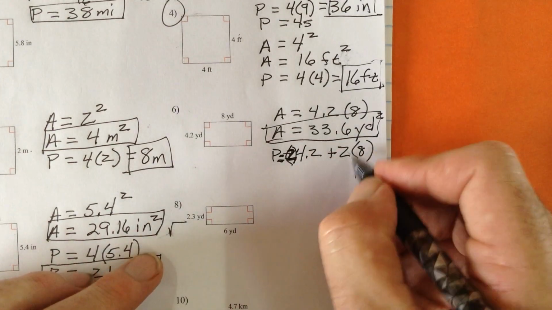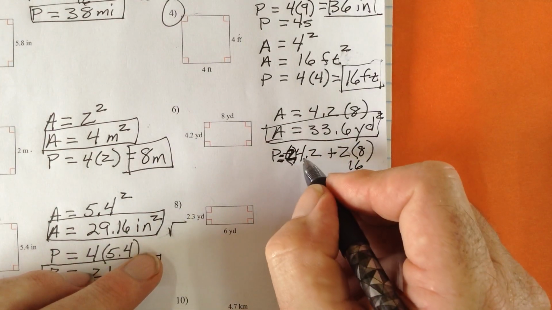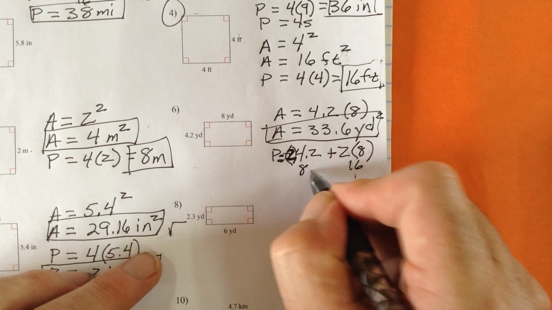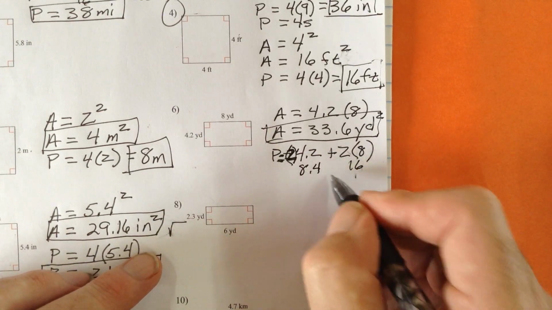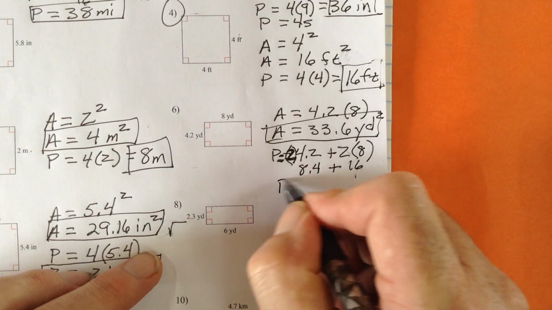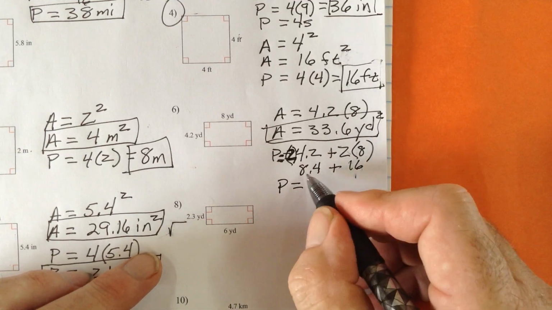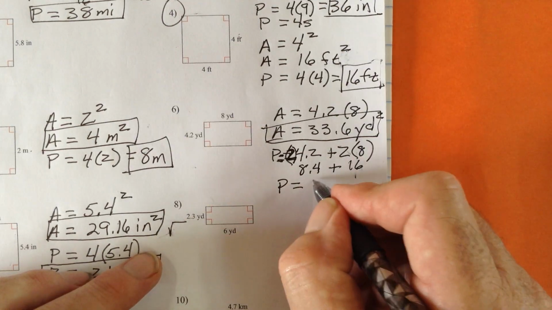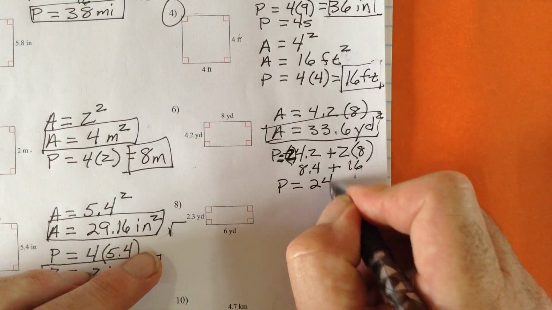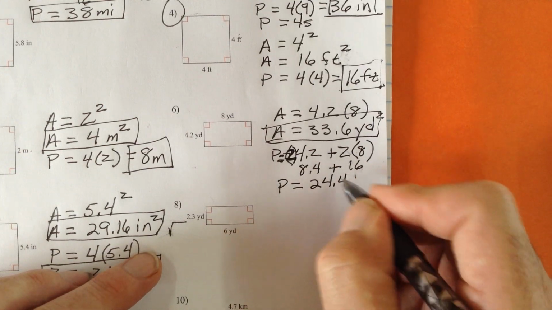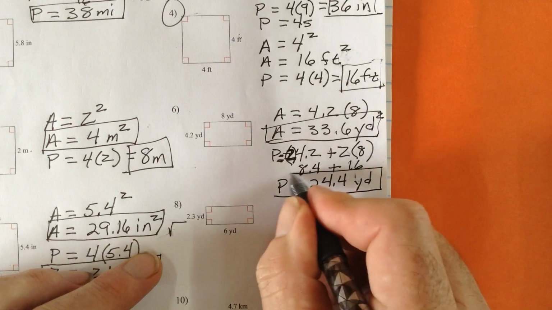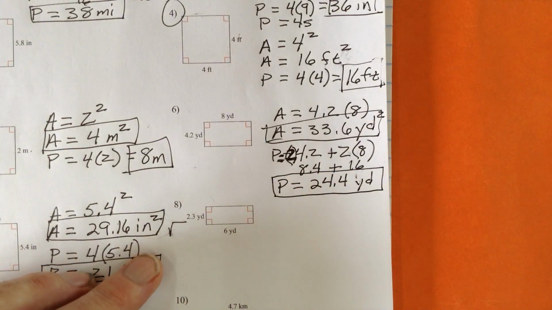So 2 times 8 is 16, and 4.2 times 2 is going to be 8.4. Then I have to add these two together. So the perimeter for this one will be 8.4 plus 16, that would be 24.4 yards. That would be the perimeter.